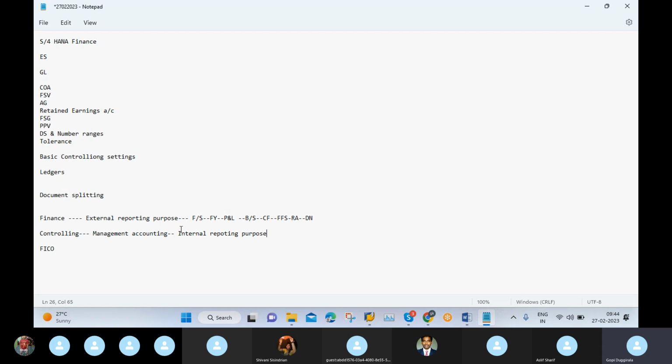So by using finance, we prepare external reporting. By using controlling, we prepare internal reporting. For which persons can we use these internal reports? Our directors or our owners, especially the business owners, and especially management.